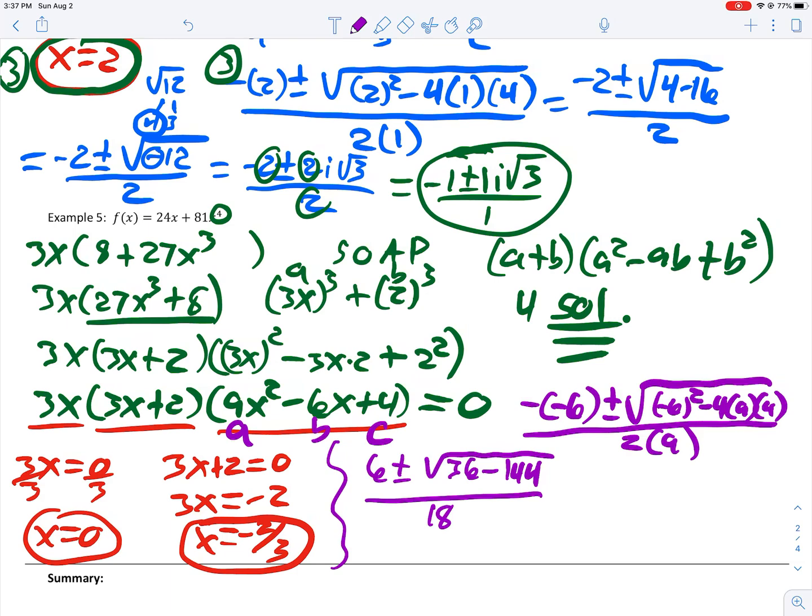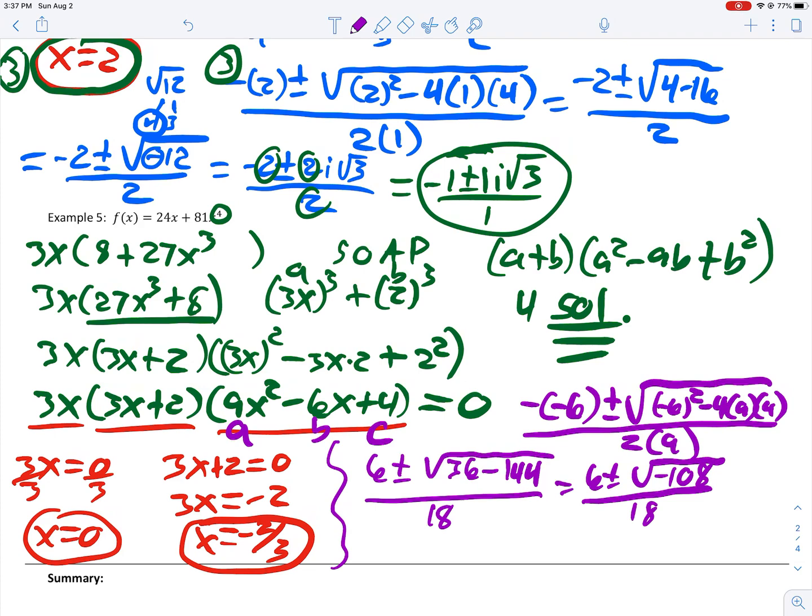So that's minus 144. And then I just keep going. So 6 plus or minus the square root of 36 minus 144, which is negative 108. Okay, so there is my imaginary.